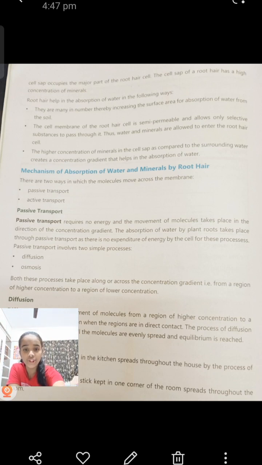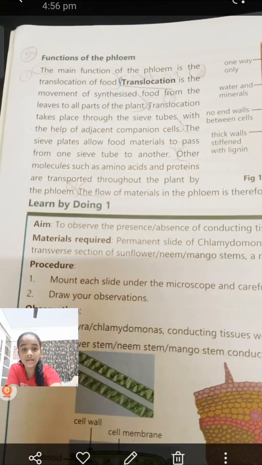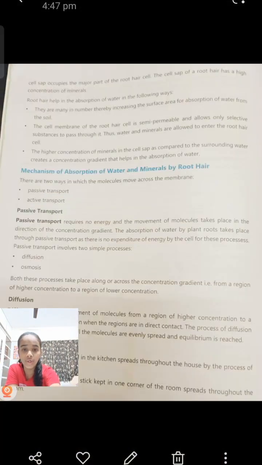Now 48th question is, what is the use of root hair? The answer is, a root hair helps in the absorption of water in the following ways.